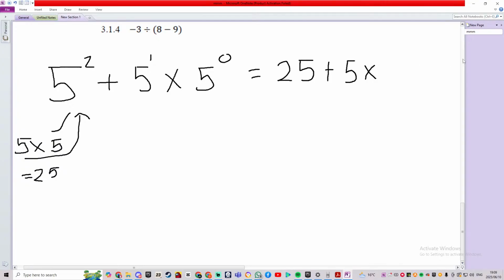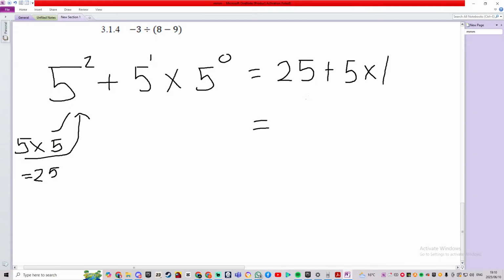Yes, here we go. It is 1. So we have 25 plus 5 times 1. For the sake of time, I'm just going to move a bit faster. Am I going to say 25 plus 5 first? Or what must I do? Correct.